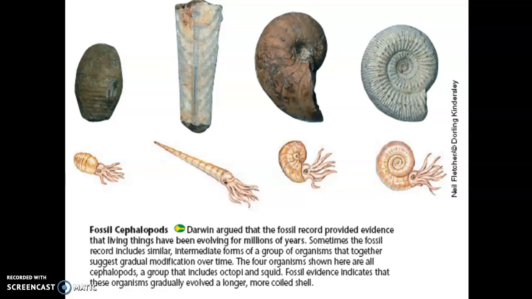It's taking a lot of time of natural selection and adapting to the environment. So over time, eventually it needed a longer shell. And then over time, it started to coil until we get to organisms that we see today that have a more coiled shell. And again, guys, we're talking about millions of years here that this is occurring.